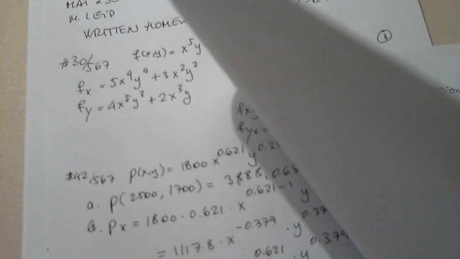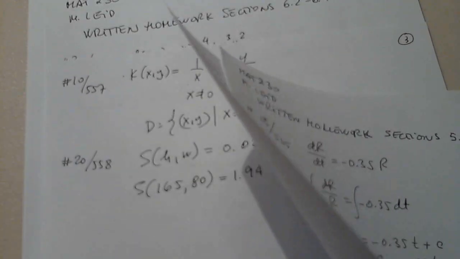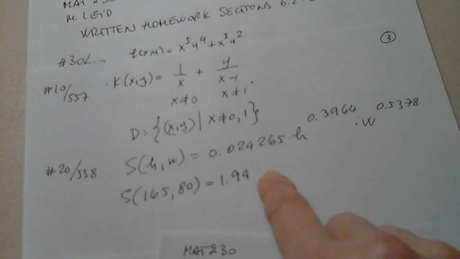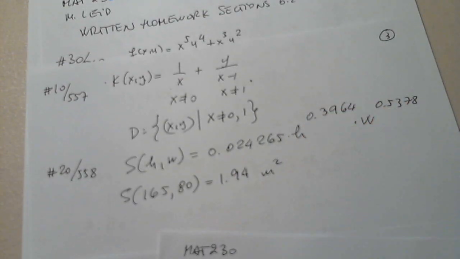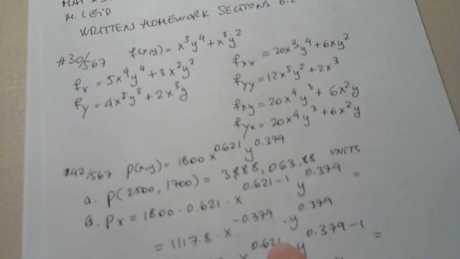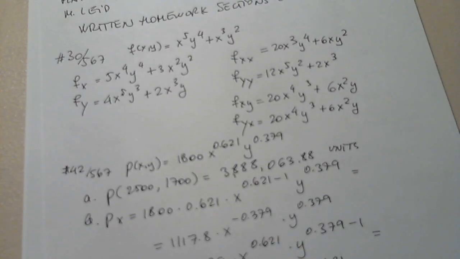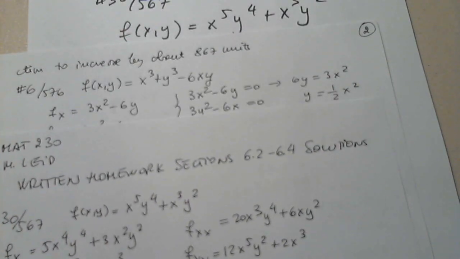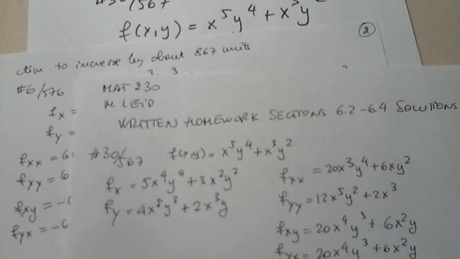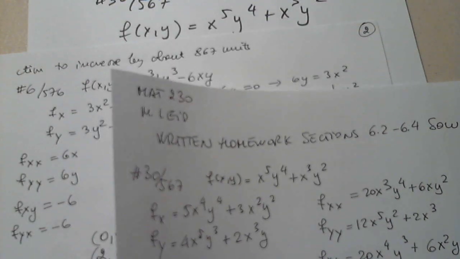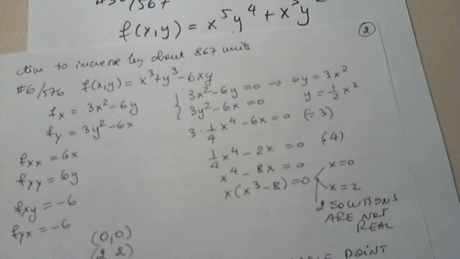And this is posted. And yes, I forgot here, my apologies, to write, I think it was meters squared. This was the last homework on 6.2 to 6.4. Can we do number 20 on page 576? Yes.